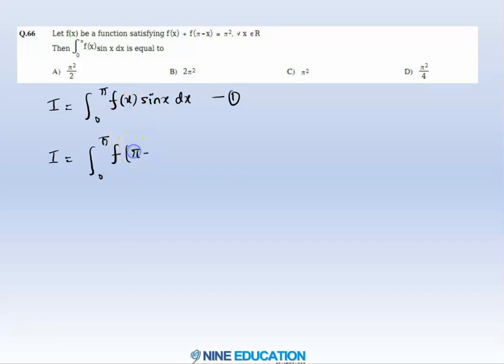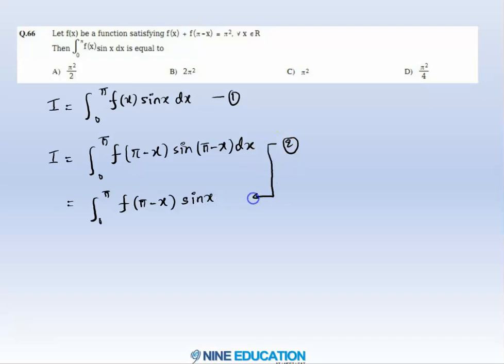So that will become pi minus x, and this will also become sin of pi minus x dx. This is our equation number 2, which basically will transform to 0 to pi f of pi minus x, and sin of pi minus x is also sin x only. So this is our second equation.